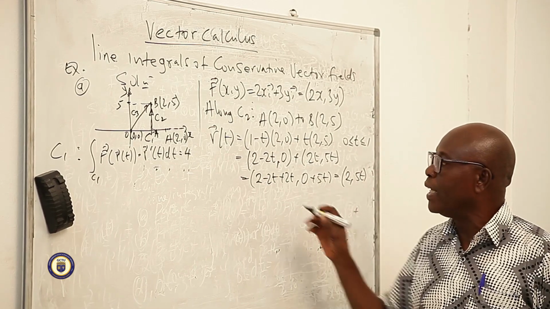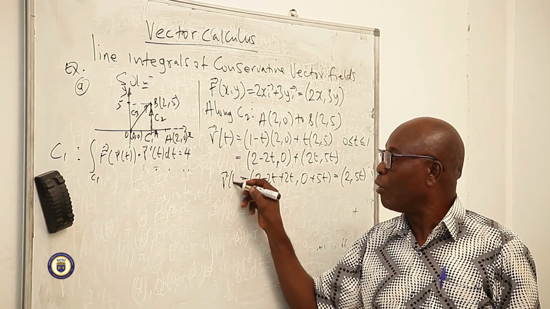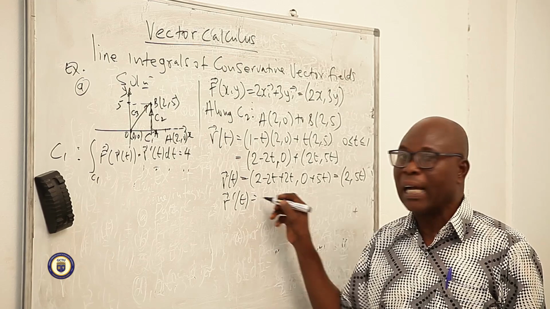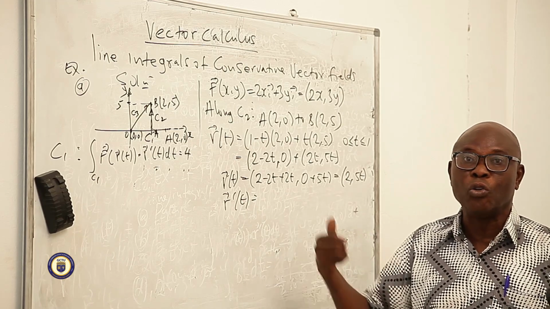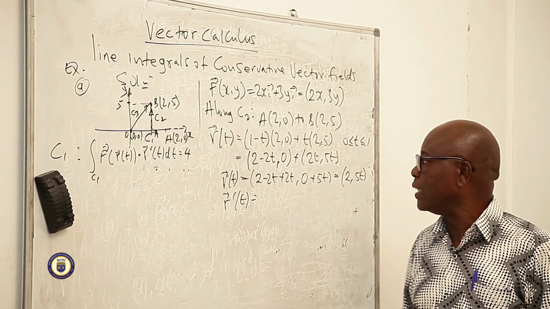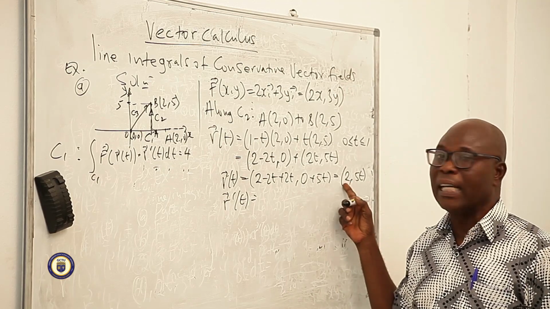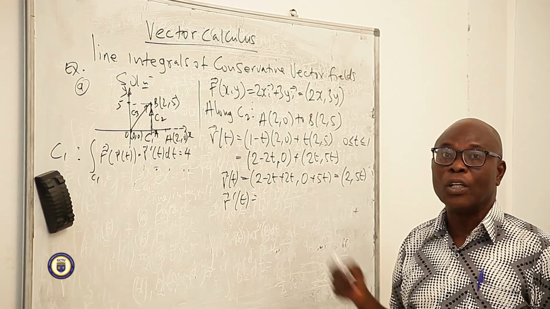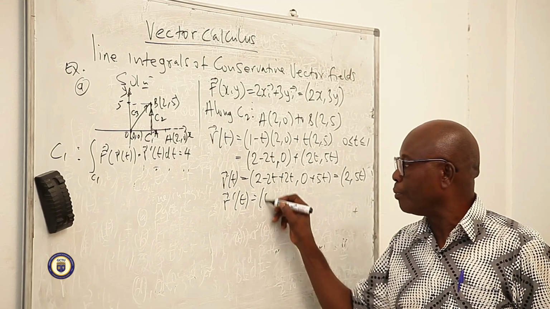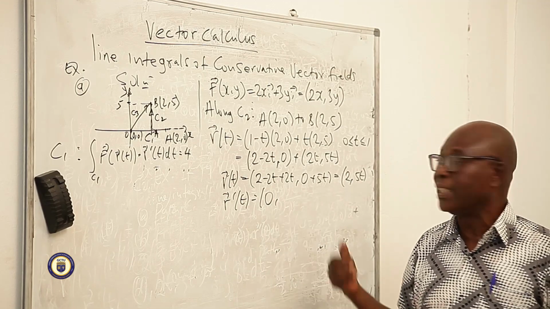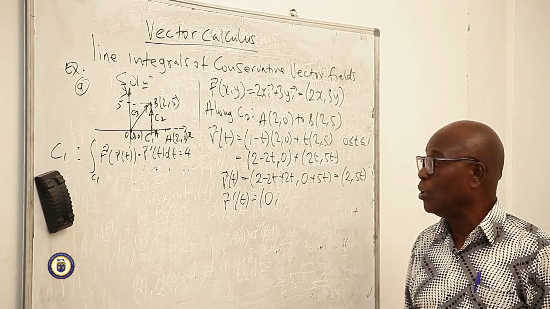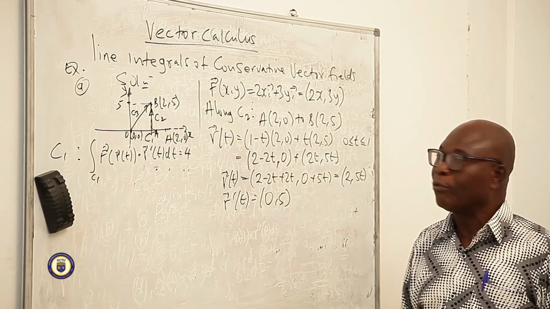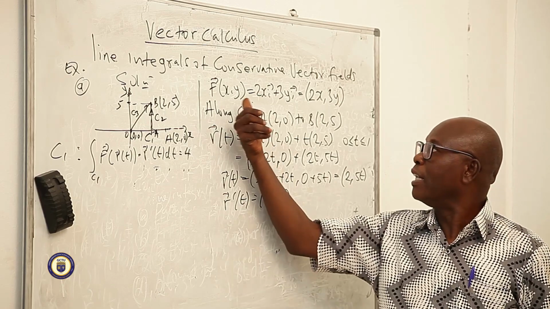So once we've been able to find r of t, we can find r prime of t, which means that we are going to differentiate it with respect to t. If we differentiate 2, which is a constant, we get 0. And if we differentiate 5t with respect to t, we get 5. And then we have to parameterize the vector field.